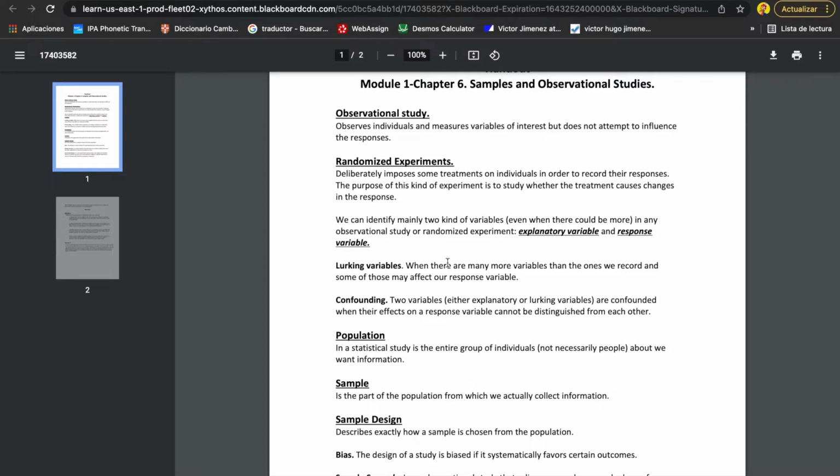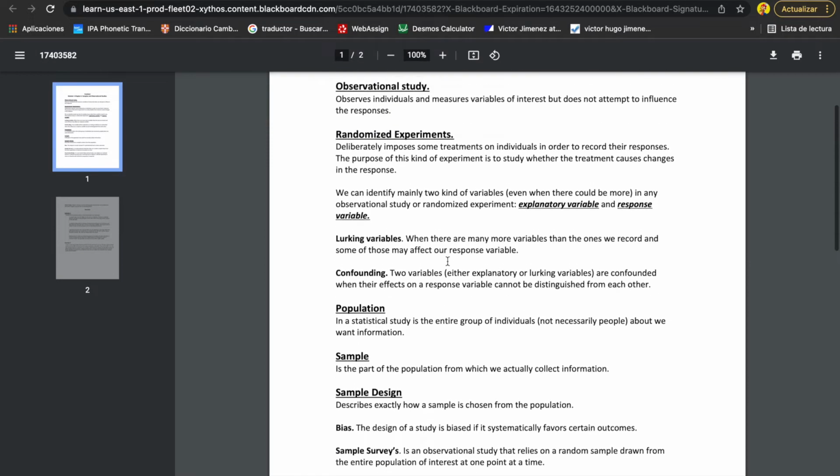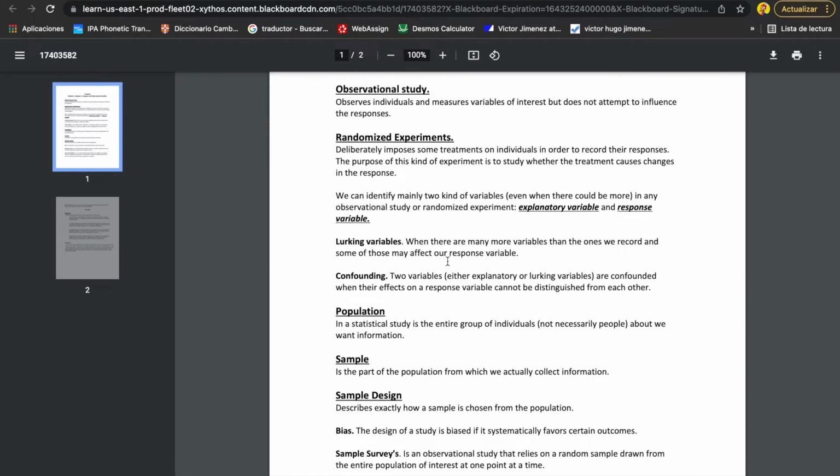Now, we continue reading this handout. Besides the explanatory variable and response variable, we can have studies where we have more than one explanatory variable. We can have two or three or more, but sometimes we have another kind of variables in which we are not interested.